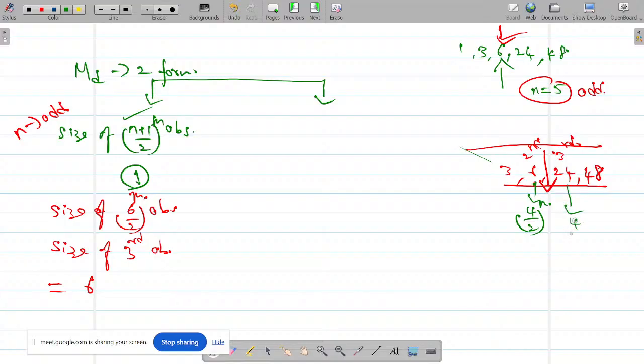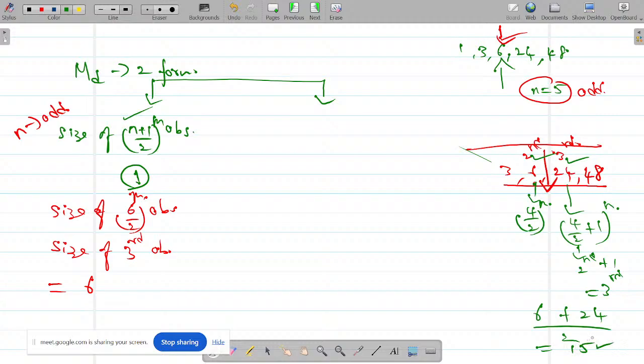And 4 by 2 plus 1th observation, which means the third observation. We take these two values and divide by 2. So we take 6, we take 24, divide by 2, which is 30 divided by 2, 15. We got the answer as 15.